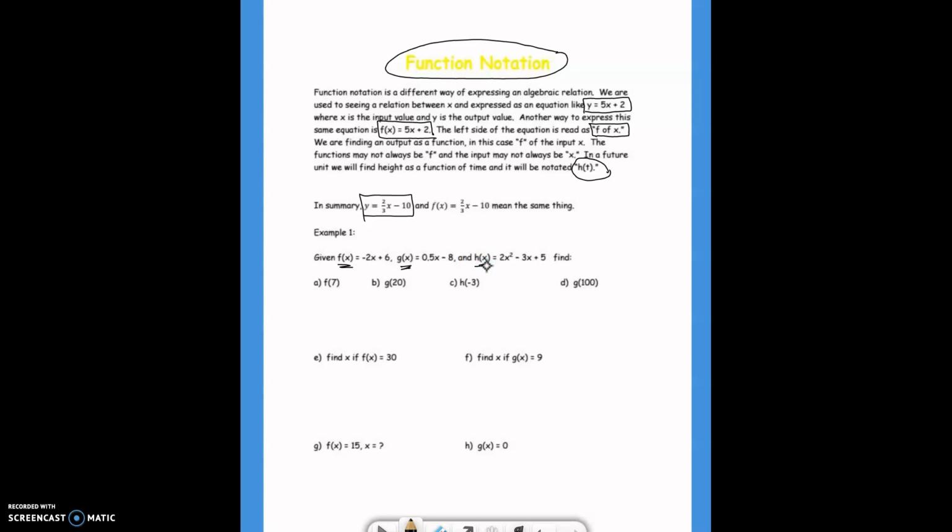Again, all different types of functions. And if you look here, for the first one it says f of 7. So we're going to write it as f of 7. And all that means is that when you see an x value, you are going to put a 7 in its place. Okay?